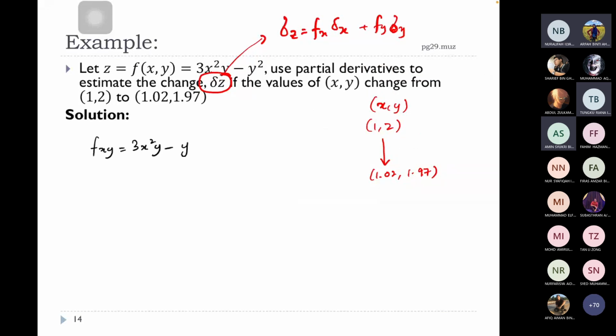So, bezakan partial derivative with respect to x akan dapat 6xy. Partial derivative with respect to y akan dapat 3x squared minus 2y. Dapat eh?